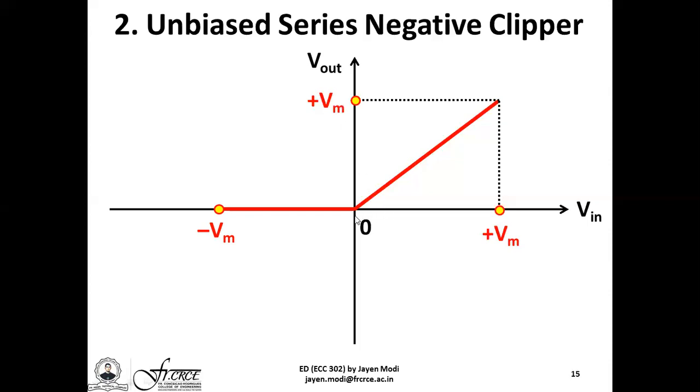Meaning, here, since we have the AC input signal Vin going from 0 to its negative peak value minus Vm, you do not have any output signal obtained across Vout. So the unbiased series negative clipper works only in the first quadrant, whereas the earlier unbiased series positive clipper was working in the third quadrant.